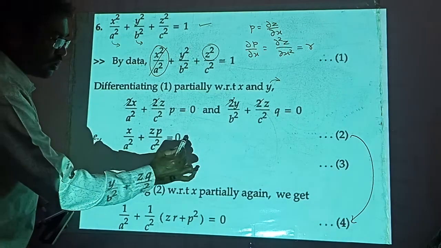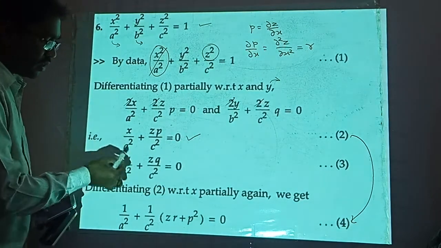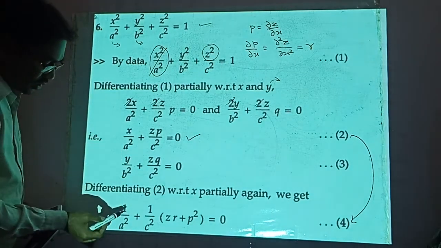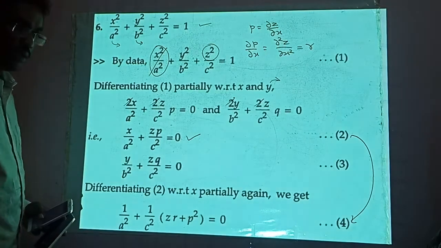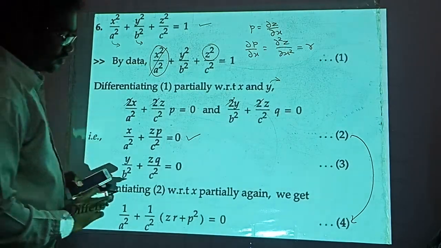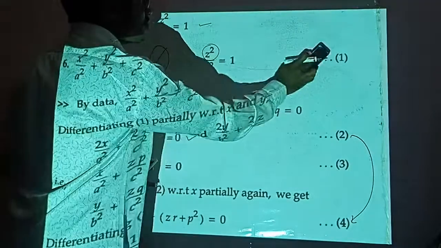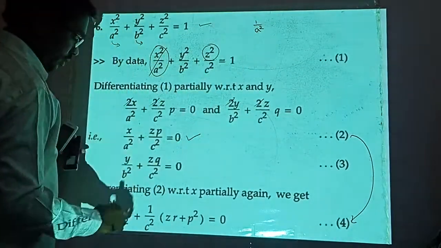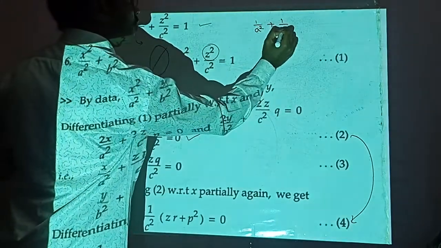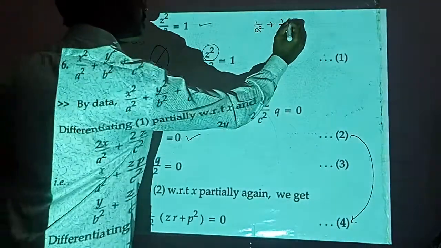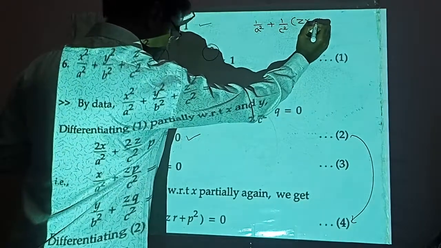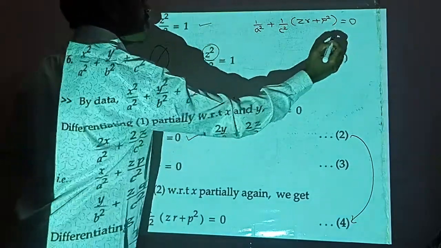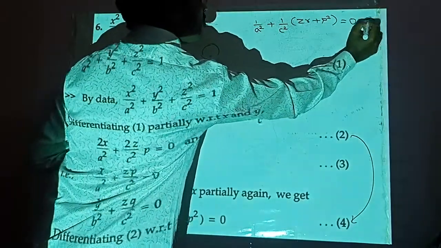If you rewrite equation 2 in terms of 1 by a square and substitute that here, your a square will get eliminated. Let me write down equation 4 on one side. What we have? 1 by a square plus 1 by c square into zr plus p square is equal to 0. So this is your equation number 4.